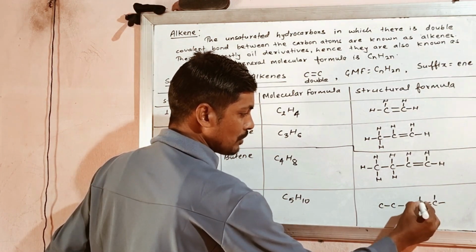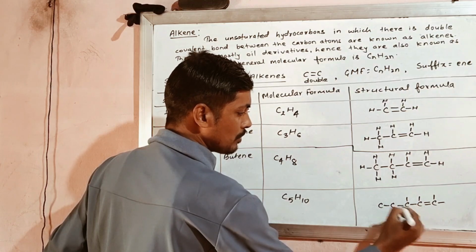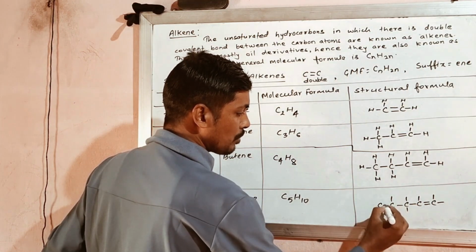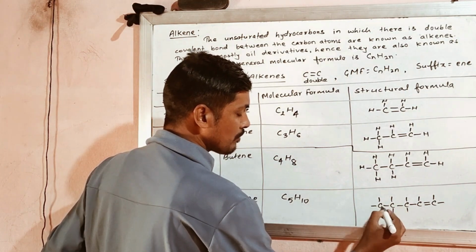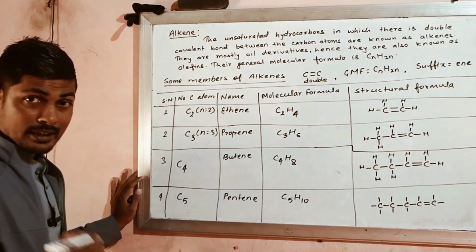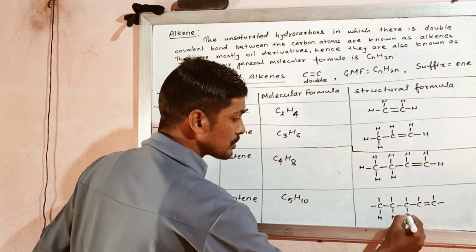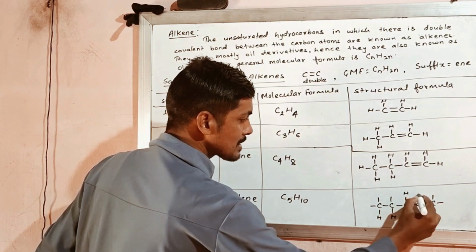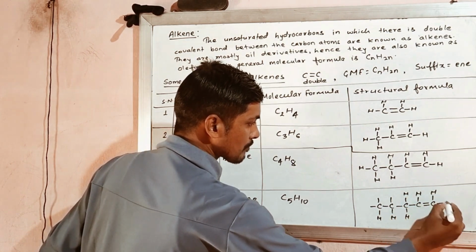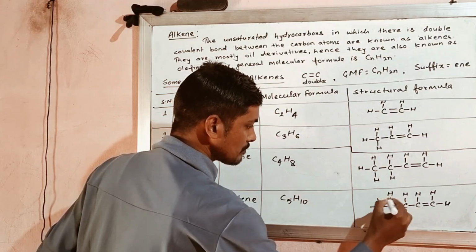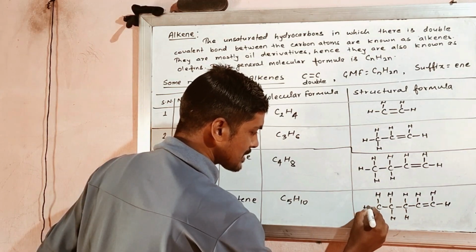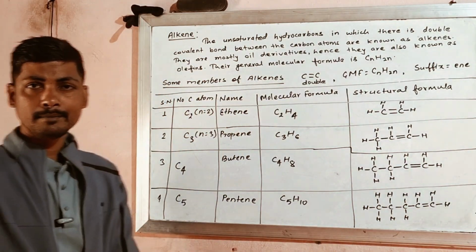And connect hydrogen in all the covalent bonds to get the complete structure of this pentene. So this is the structure of pentene.